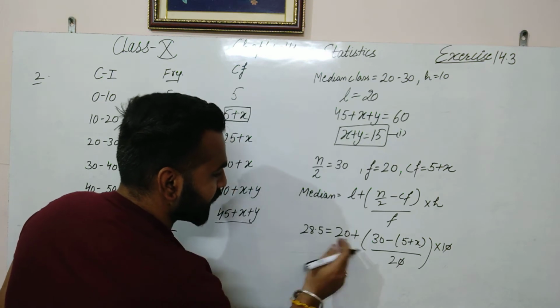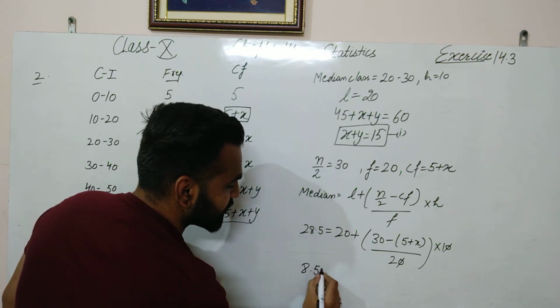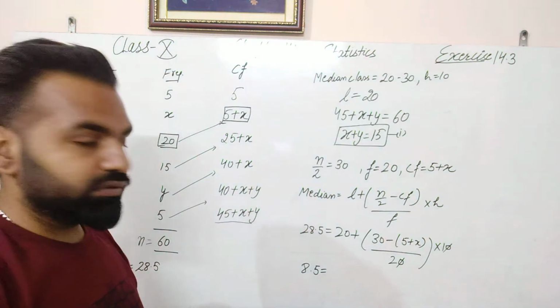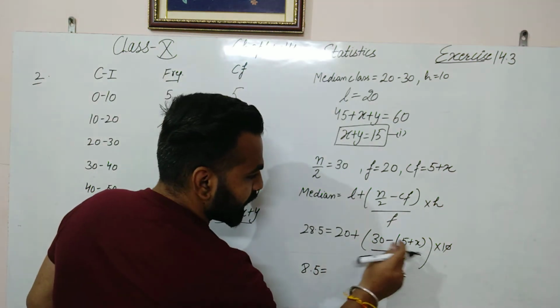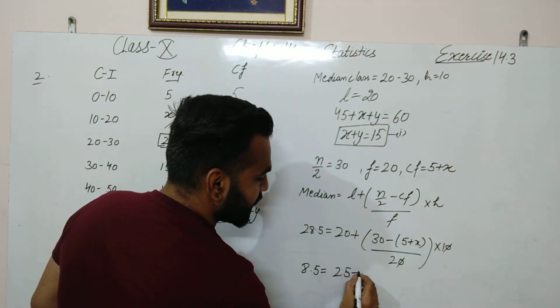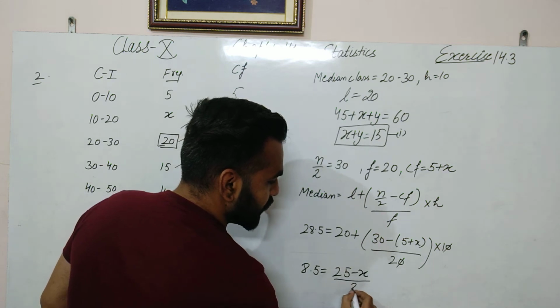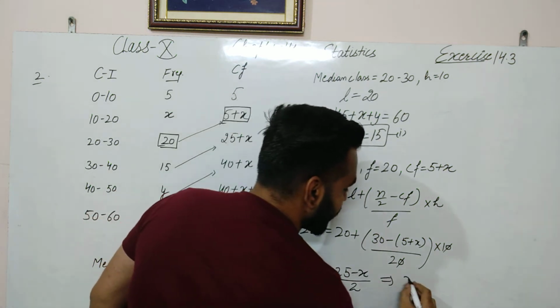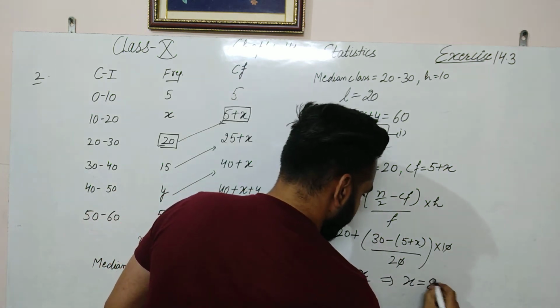Take 20 to the left hand side, on subtracting this will be 8.5. So this is equal to 30 minus 5, that is 25 minus x, upon 2. So from here the value of x is equal to 8.